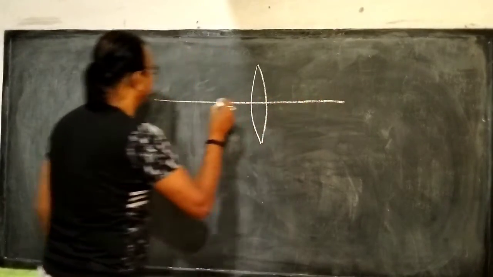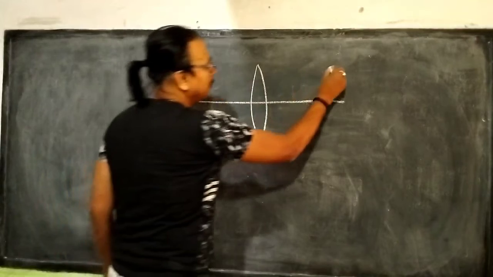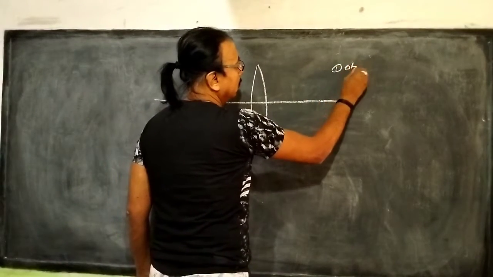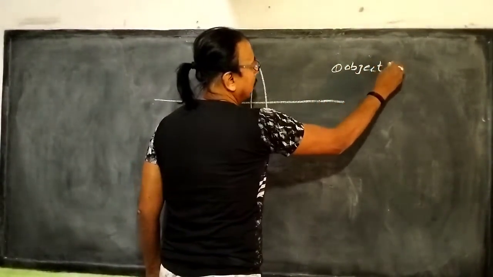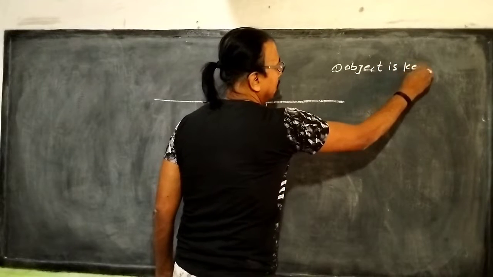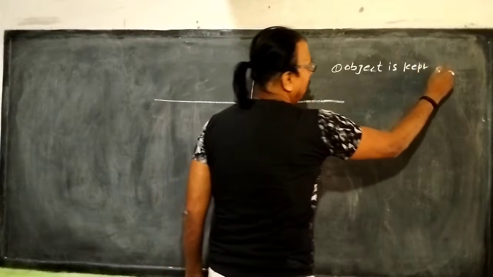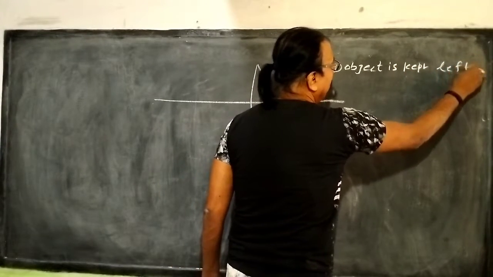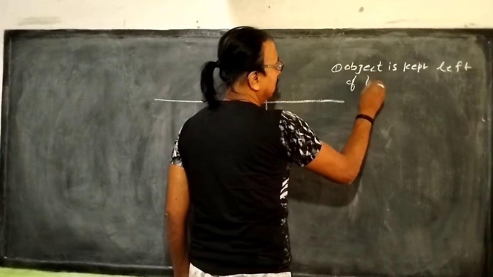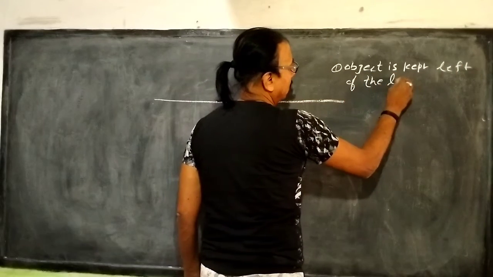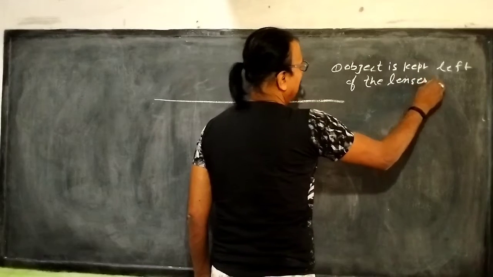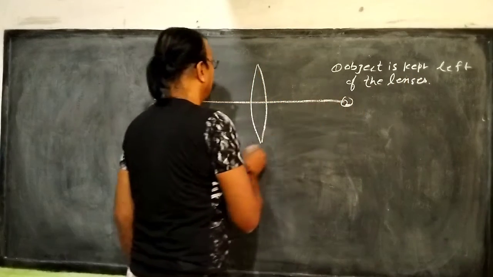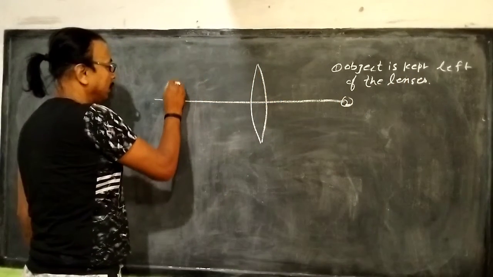First is the same as for a mirror. The object is kept to the left of the mirror, left of the lens. The object will be kept on the left side.